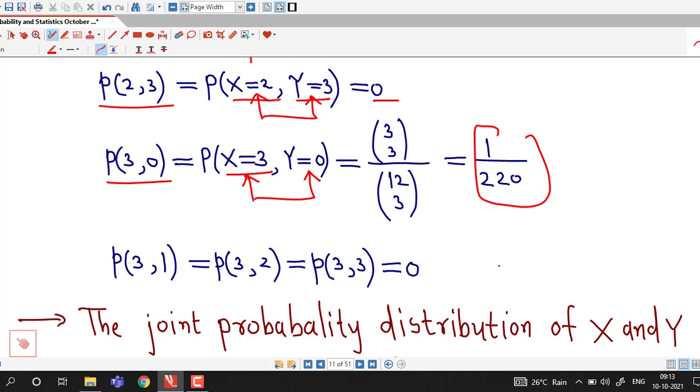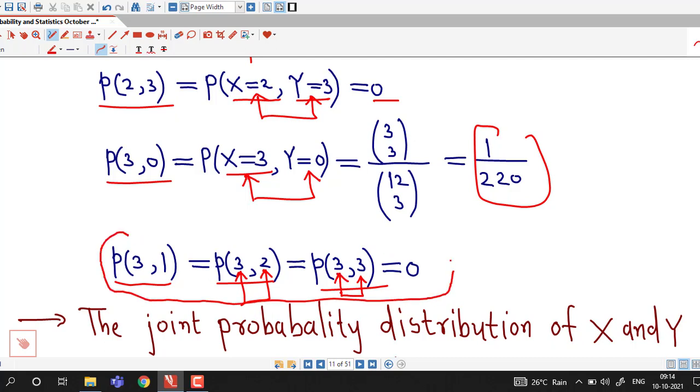Then if we consider these ordered pairs (3, 1), (3, 2), (3, 3): (3, 1) means we have to select 3 red and 1 white ball, so that is a total of 4 balls, so that is also an impossible event. Similarly X equal to 3 and Y equal to 2 is also not possible, and X equal to 3 and Y equal to 3 is also an impossible event. So the value of joint PMF at all these points is 0.